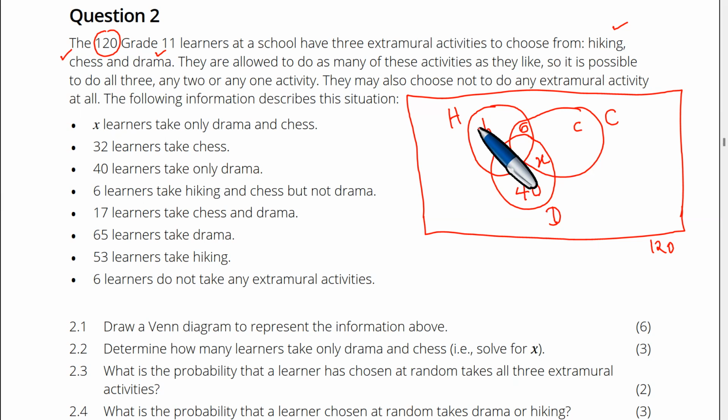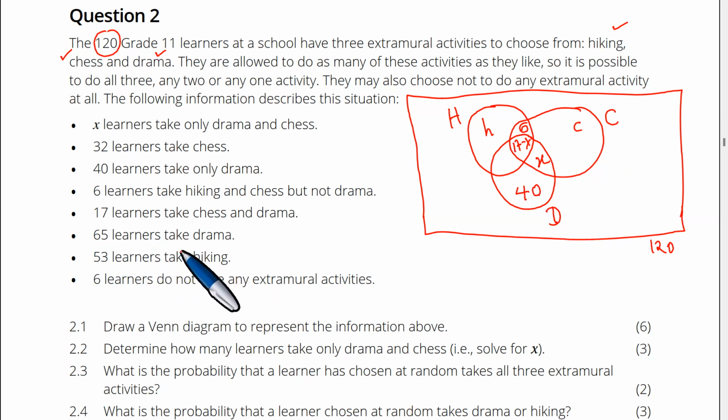Now I want us to look at those 17 that take chess and drama. In other words, you must have 17 here, which means we should have 17 minus X, so that when you add these, they're 17.